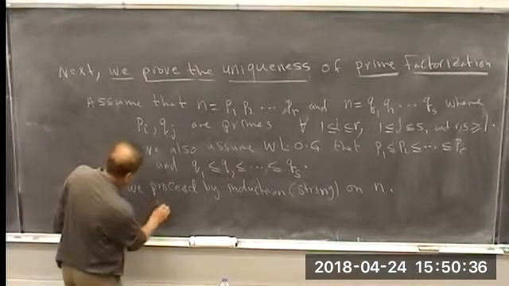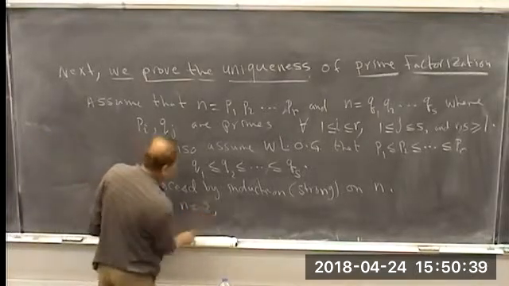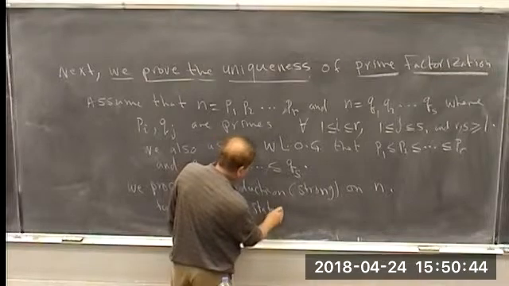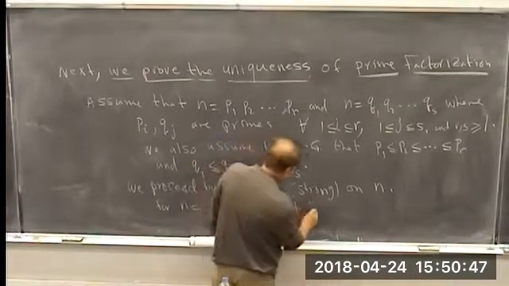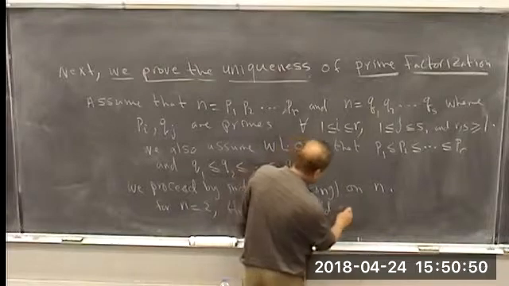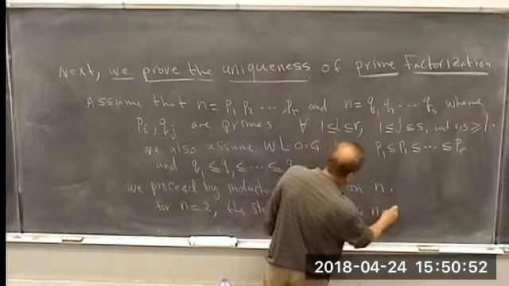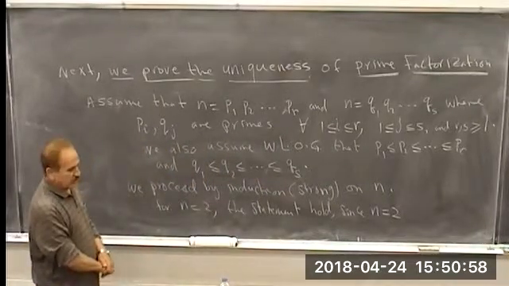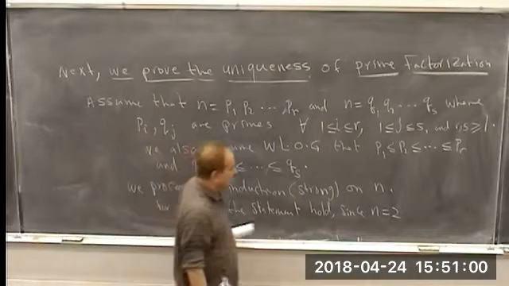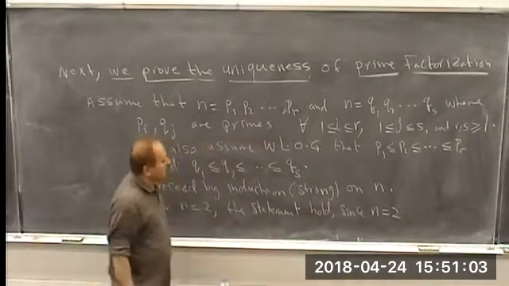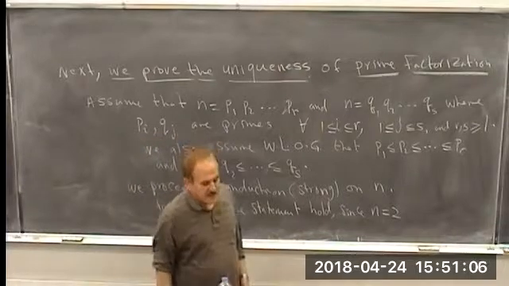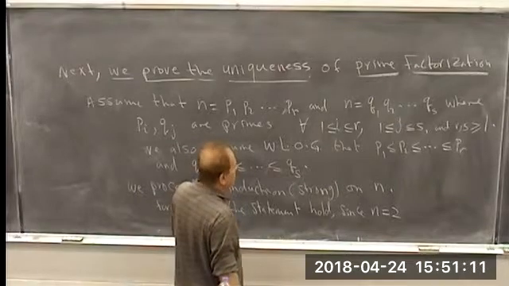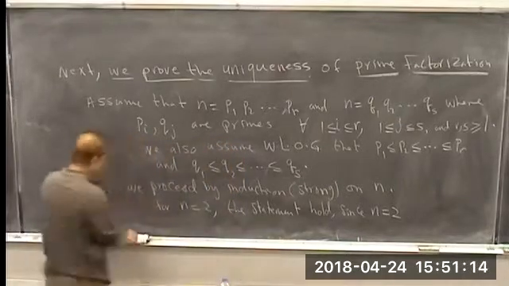For n equal to 2, the statement holds, since n is equal to 2, and this is the only way you could express 2 in terms of primes. Itself is a prime. So now we're going to assume that this statement holds for 2, 3, 4, and so on.